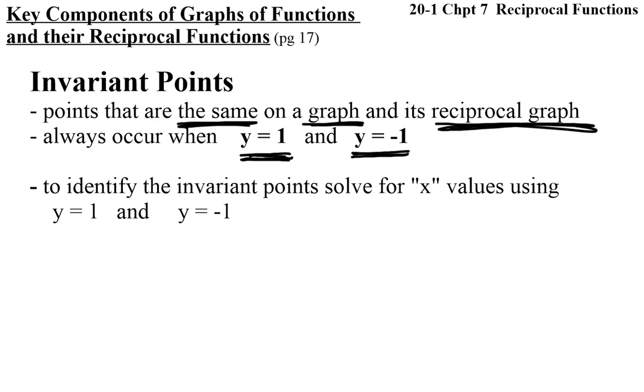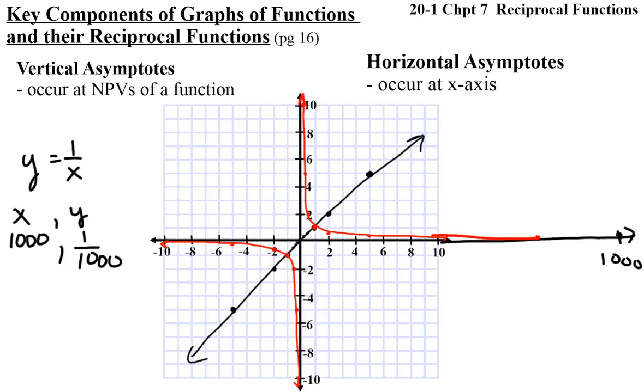So let's take a look at the graph. We can see that a y value of 1 meant our x was 1, so we had that point. And at y equals -1, we had that point. And we can see that was the same point on both graphs.